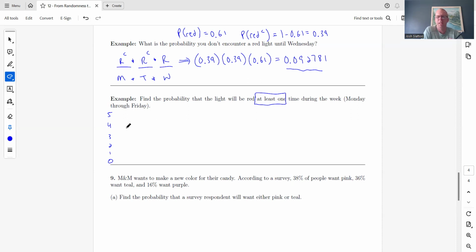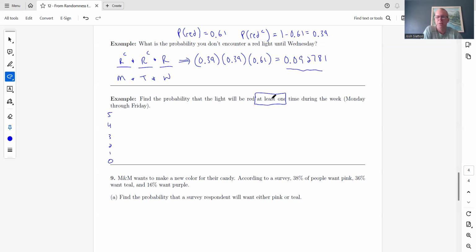You come to the light every day and it's not red any of the days. So these are the possibilities. If you come to a traffic light 5 days, how many days could it possibly be red? And so anywhere from 0 through 5, those are the numbers of red lights you could have.